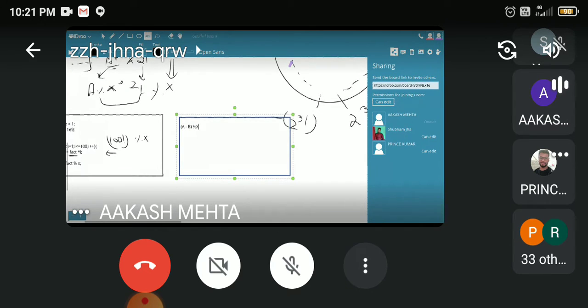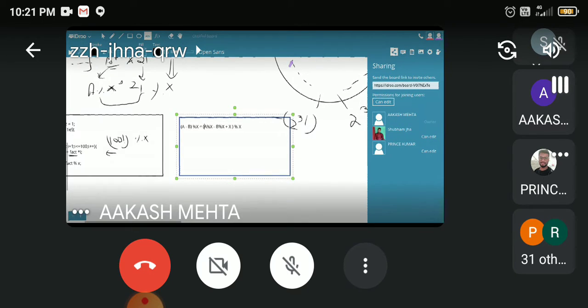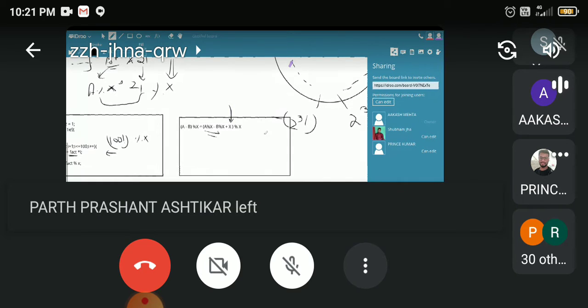This will be equal to a modulo x minus b modulo x plus x, and then again modulo x. These terms will be familiar to you, as in a plus b or a into b, but we are adding an extra x here.